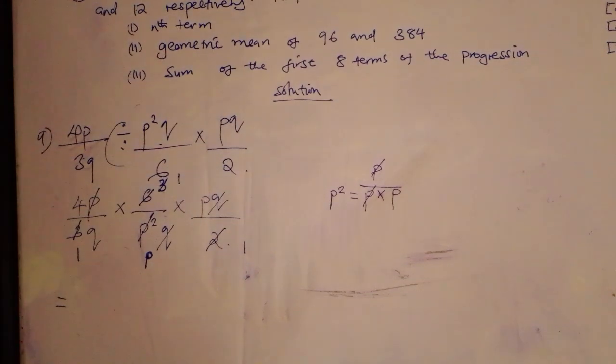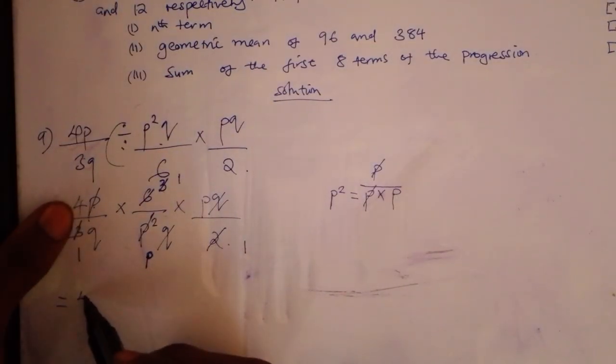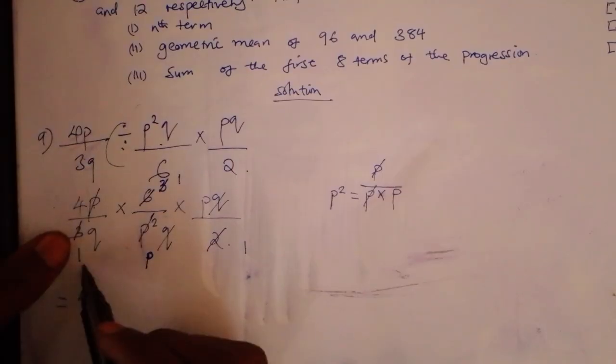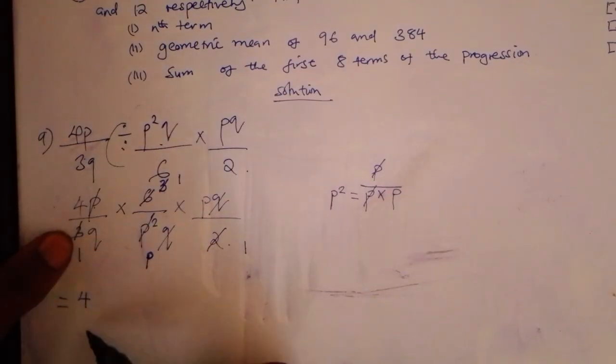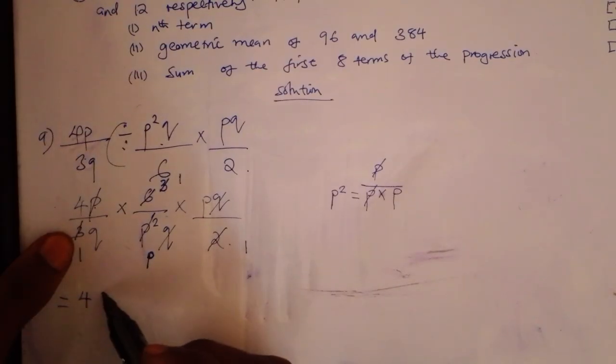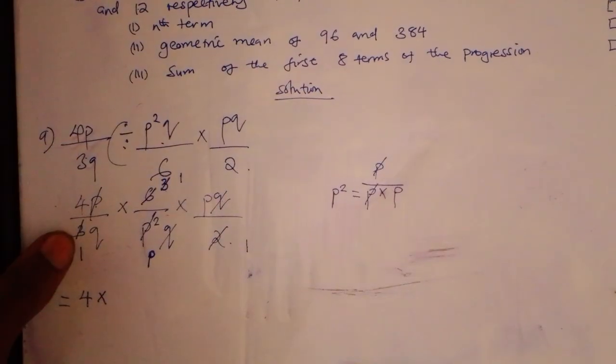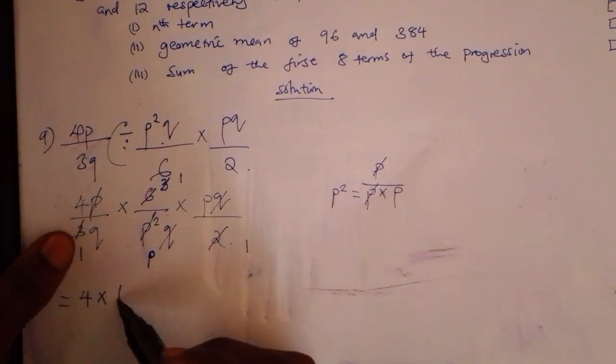So now let's write what we have remained with. Here we cancelled P, so we remained with 4. Here we remained with 1. So 1 into 4 is just 4. Then you say times. Here on top we remained with 1.